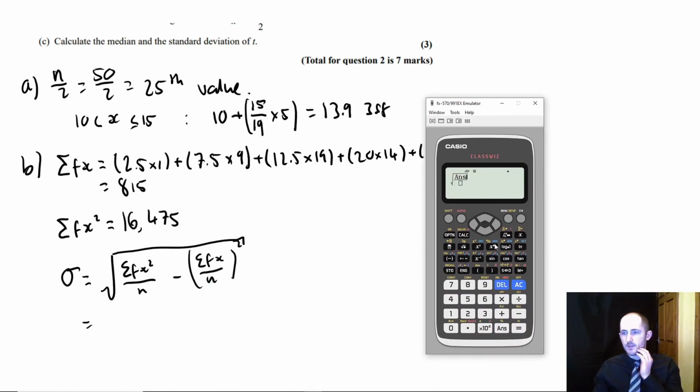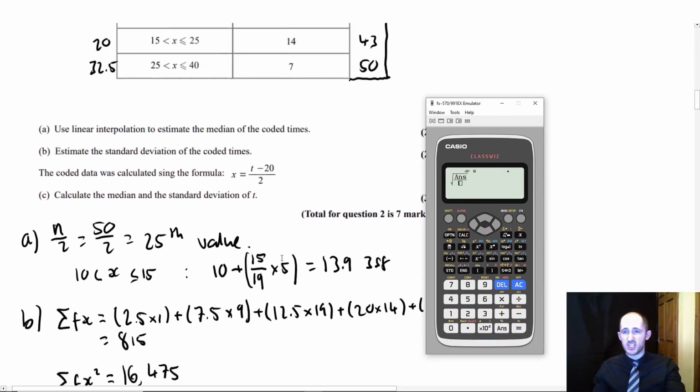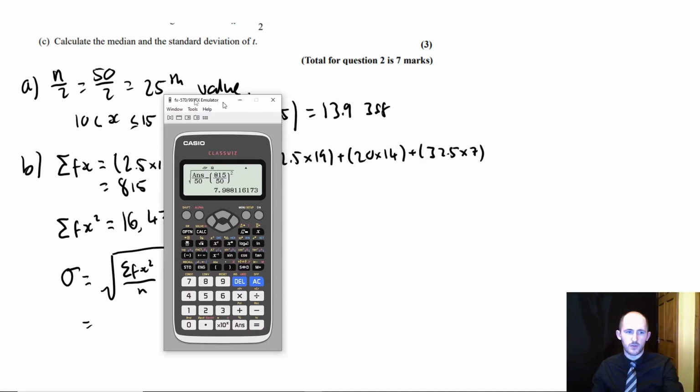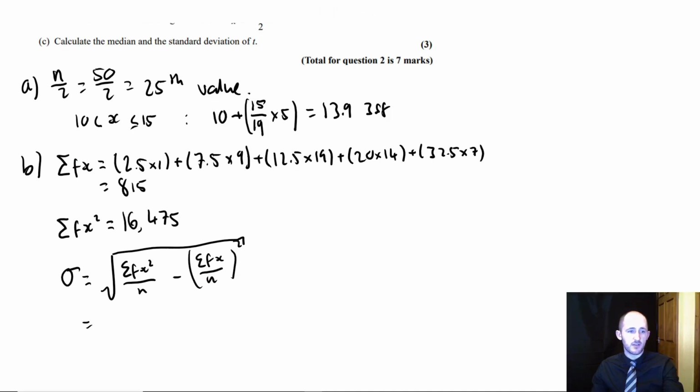N is 50, minus, bracket, fraction, sum of fx 815 over 50, close bracket, all squared. And you should get 7.988, so we could call that 8.0. Actually, no. We will need to make sure it's accurate.